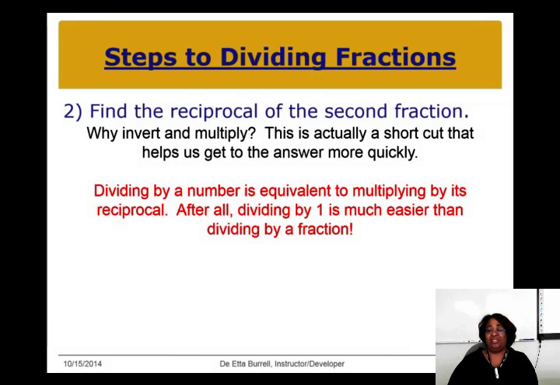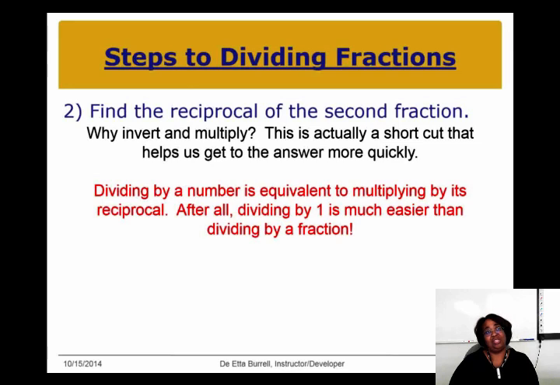Why would we want to invert and find a reciprocal to solve for dividing? This is actually what we call a shortcut, and it helps us get to the answer more quickly. Dividing by a number is equivalent to multiplying by its reciprocal. After all, dividing by 1 is much easier than dividing by a fraction.